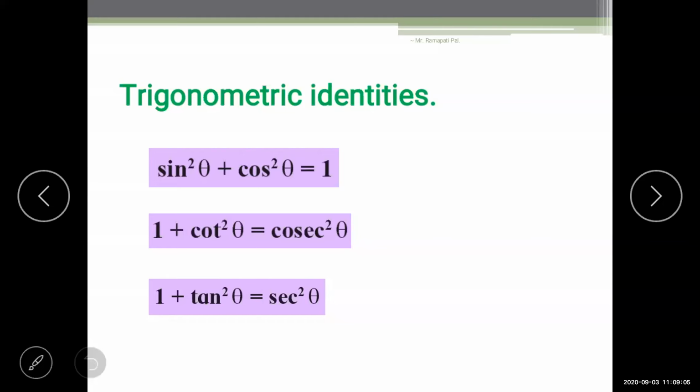Okay, then we will see how we are going to form the table of trigonometry ratio. Is it clear? No doubt we have learned it in 9th standard, but I will revise it so that if anyone has not understood it in 9th standard, they can understand now how to form a table of trigonometry ratio.